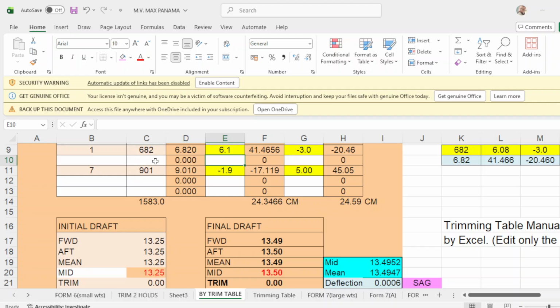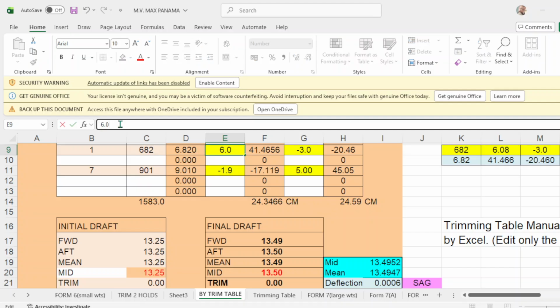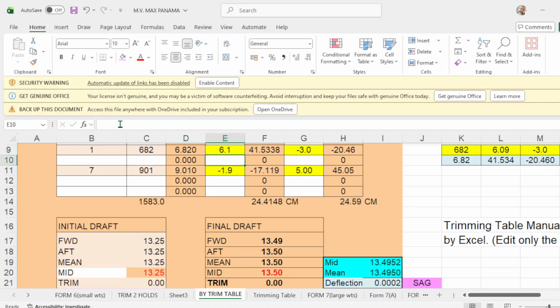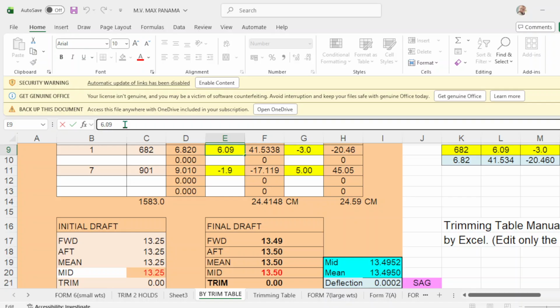Okay, put 0.9. And you put 0.9, that will be 1.